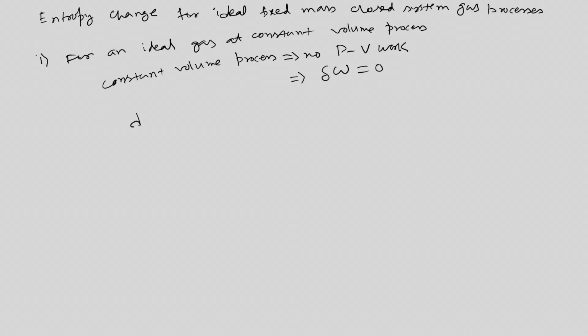So, dU is nothing but del Q. And if we consider this a reversible process, we can write like this. And what is dU? We know dU is nothing but Cv dT.